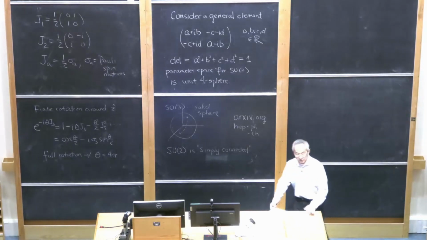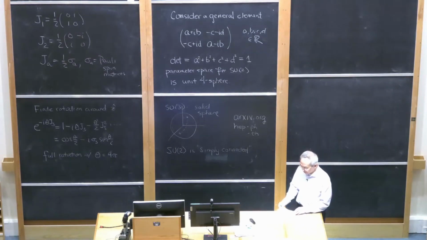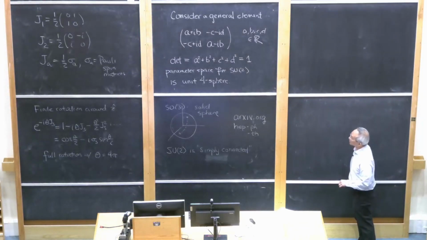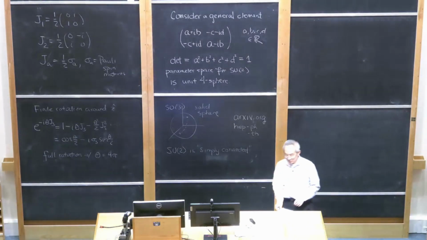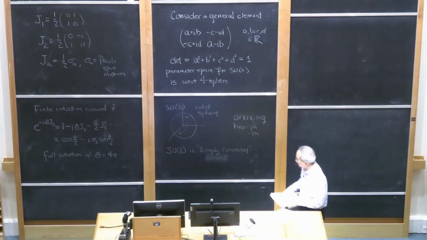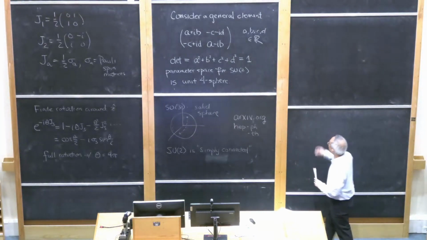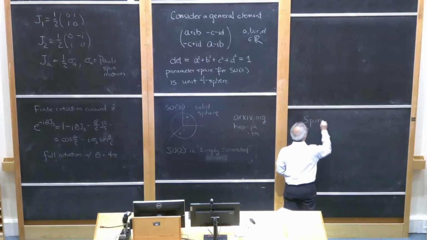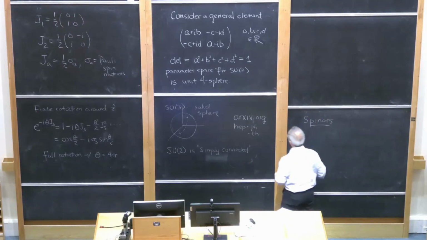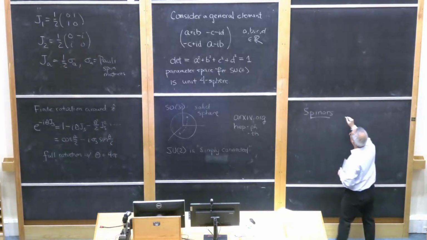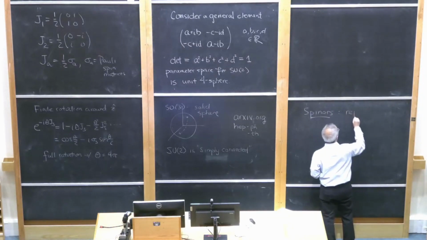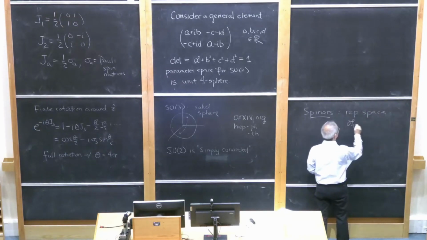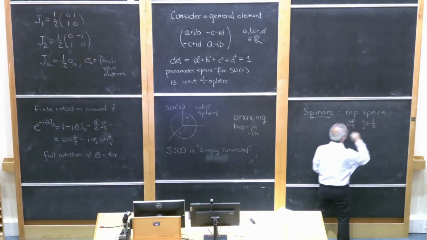Right. Okay, so one thing that I did want to cover, because now we're getting into something which I should say used to be on the syllabus, is not now, and that is the topic of spinors. Okay? Because spinors are the representation space of the j equals 1/2 representation.